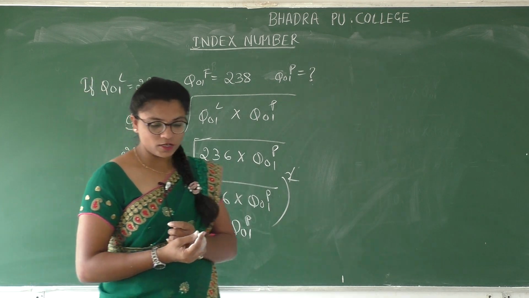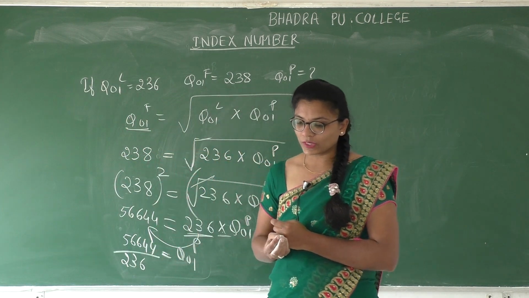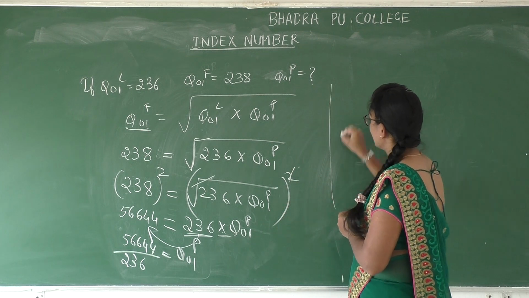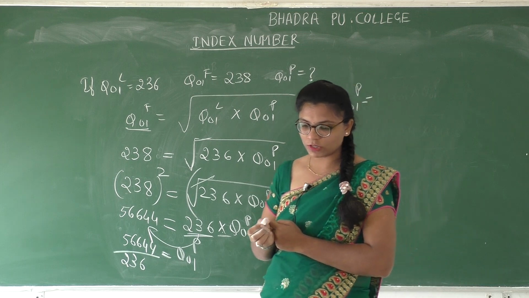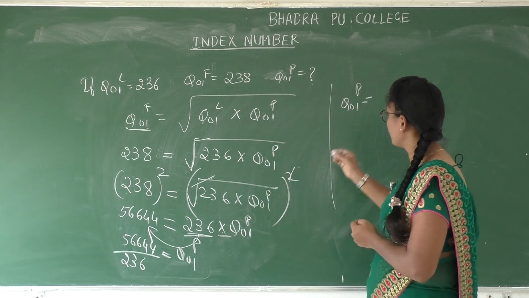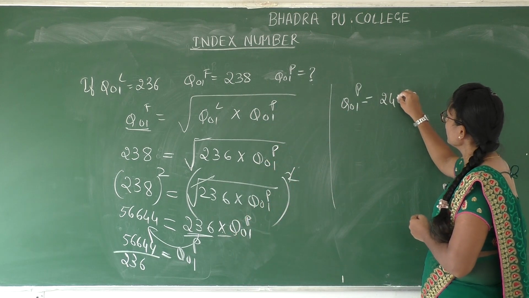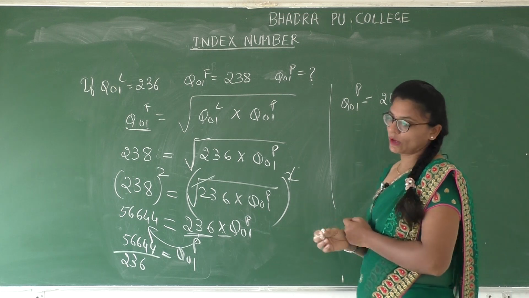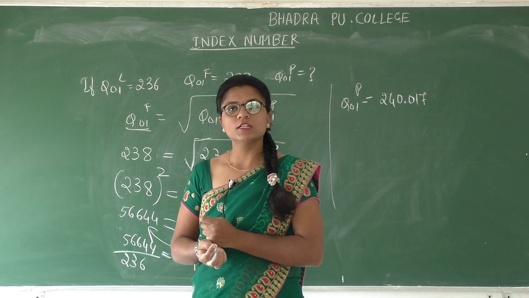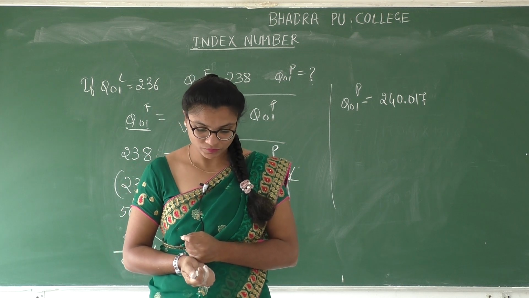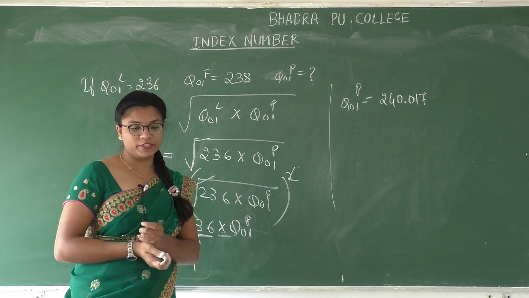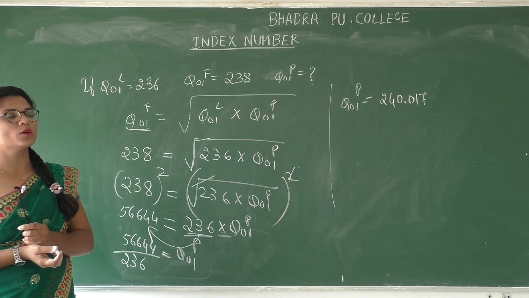So what is the answer? Your answer is 240.017. Therefore Q01P is equal to 240.017. Yes, so this is your quantity index number 2 marks problem.